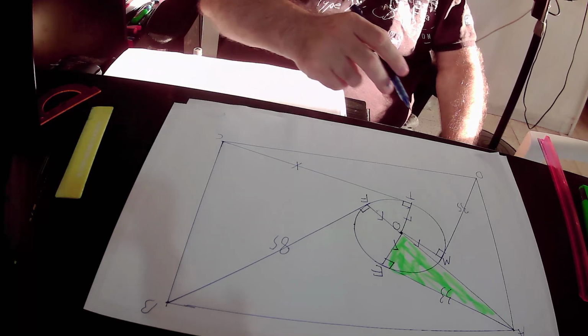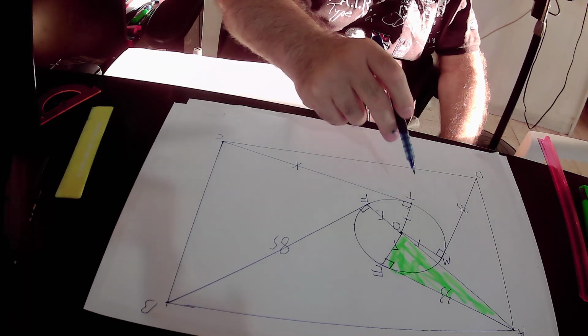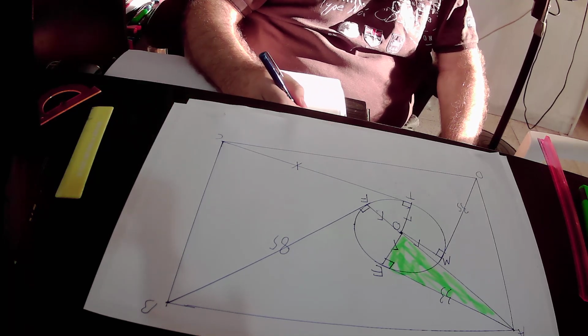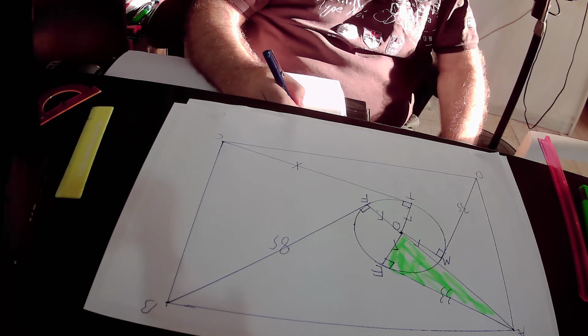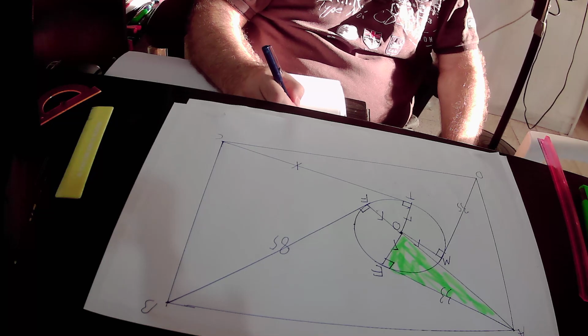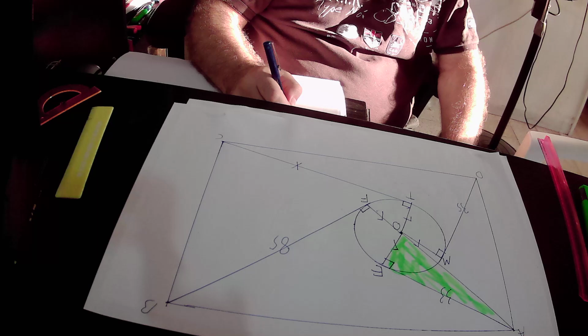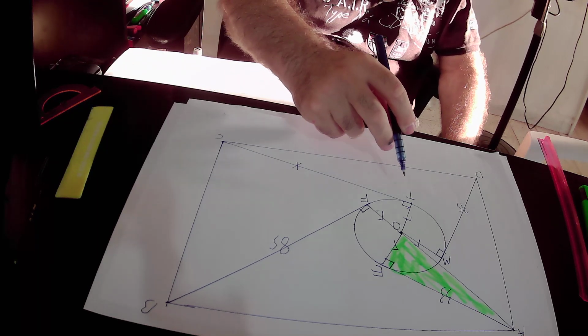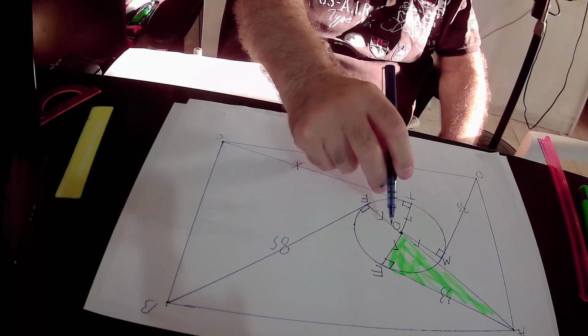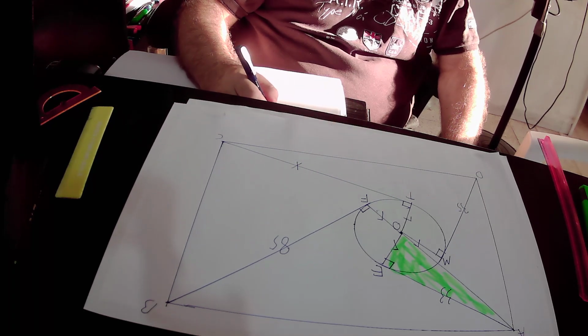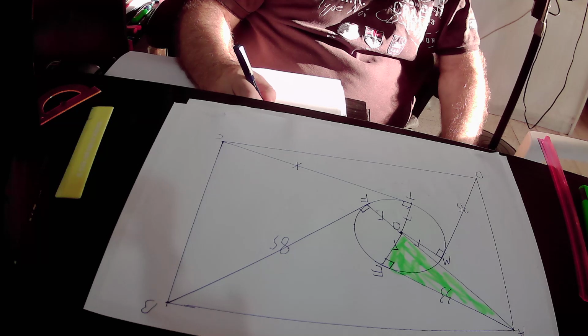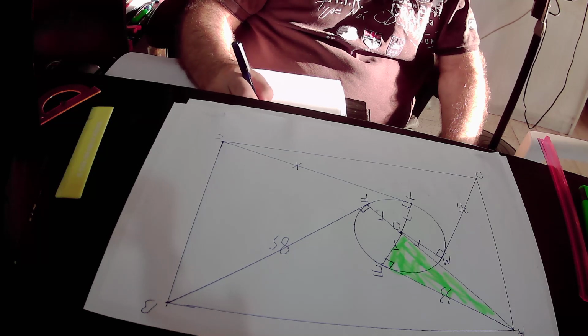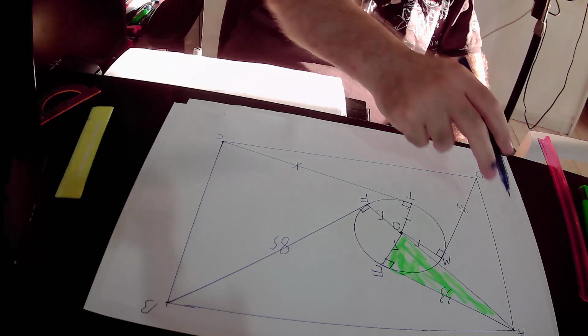Here, the hypotenuse is AO in the right green triangle, therefore the square of the hypotenuse is AO square. And it is equal to the sum of the squares of the perpendiculars, that is to say, it is equal to OE square plus AE square.